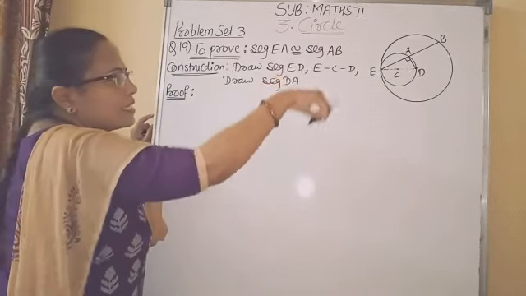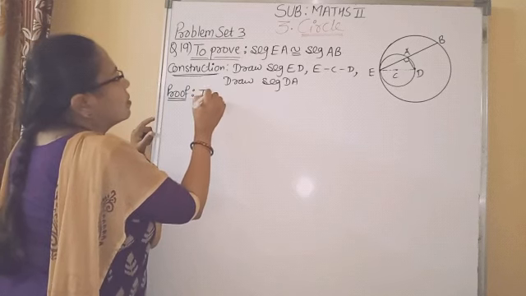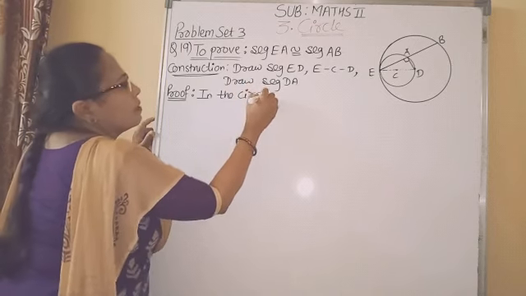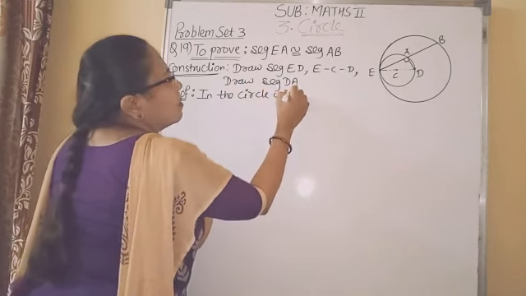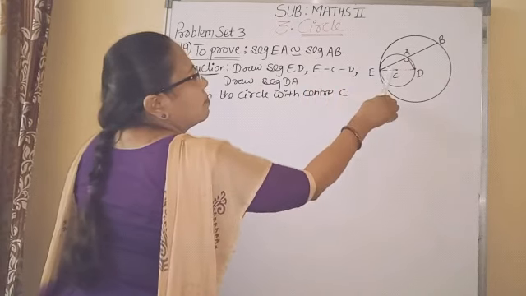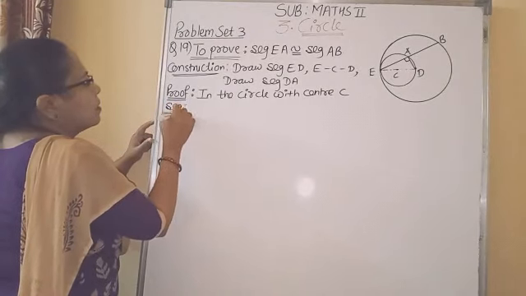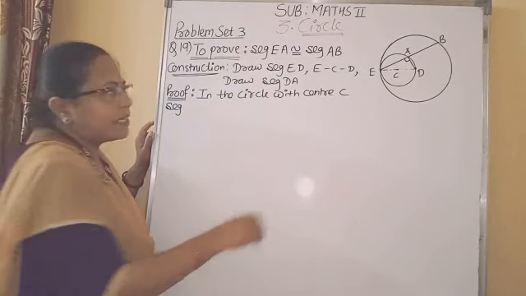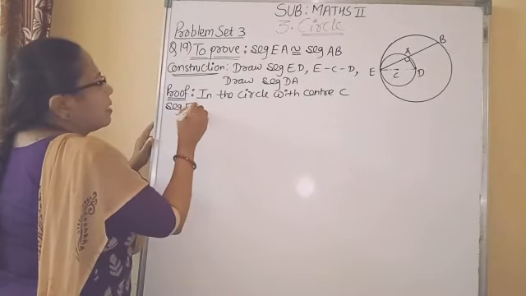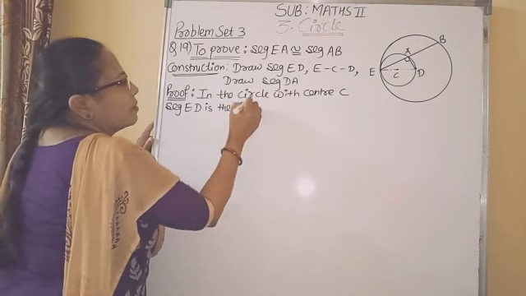First we will take the inner circle. In the circle with center C, which segment is the diameter? Segment ED is the diameter.